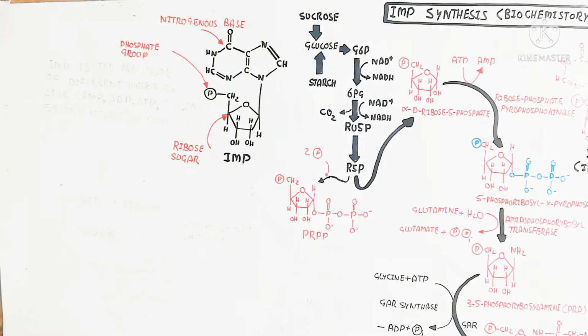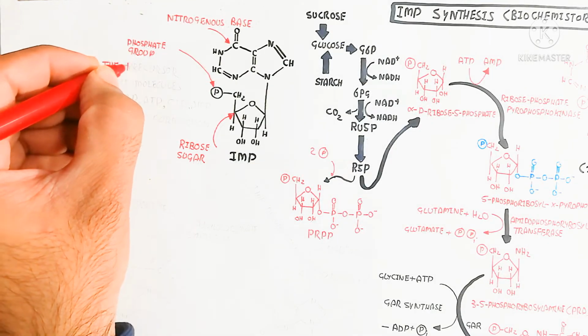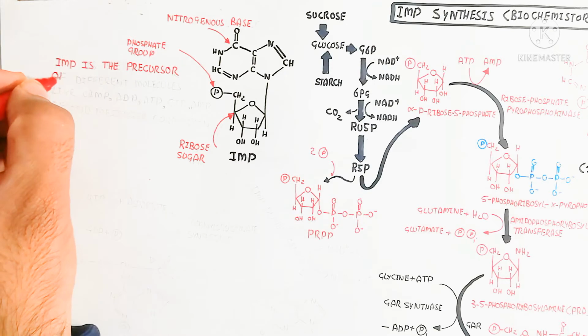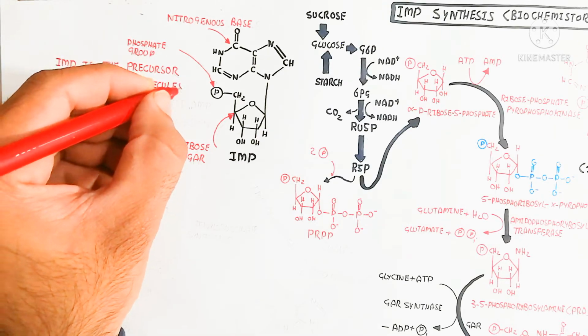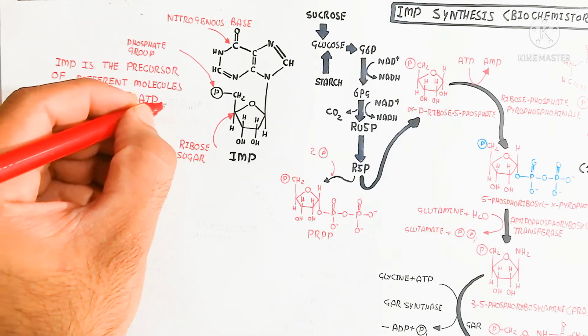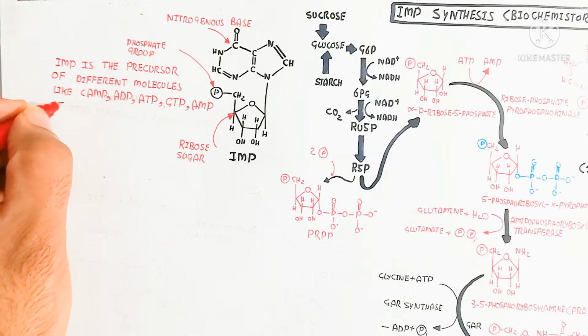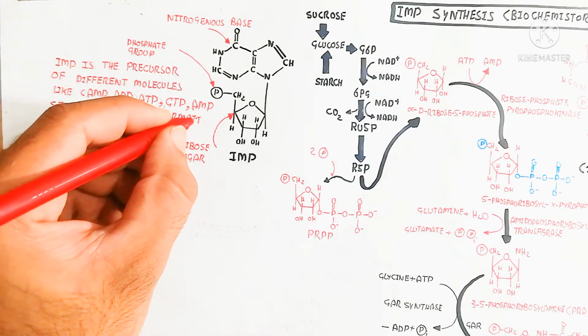It is basically the precursor of different molecules like cyclic AMP, ADP, ATP, GTP, AMP, second messenger formation, as well as DNA synthesis. All of these are nucleotides.